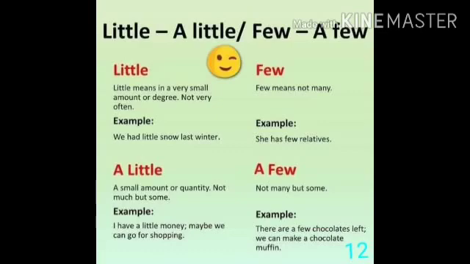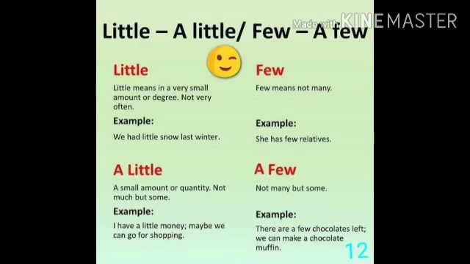Have a look at the next quantifiers, which are a little and a few. A little means a small amount or quantity, not much but some. Example, I have a little money, maybe we can go shopping. Here the phrase a little defines the amount of money I have and there is a possibility for shopping. Next is a few, which represents a positive quantity.